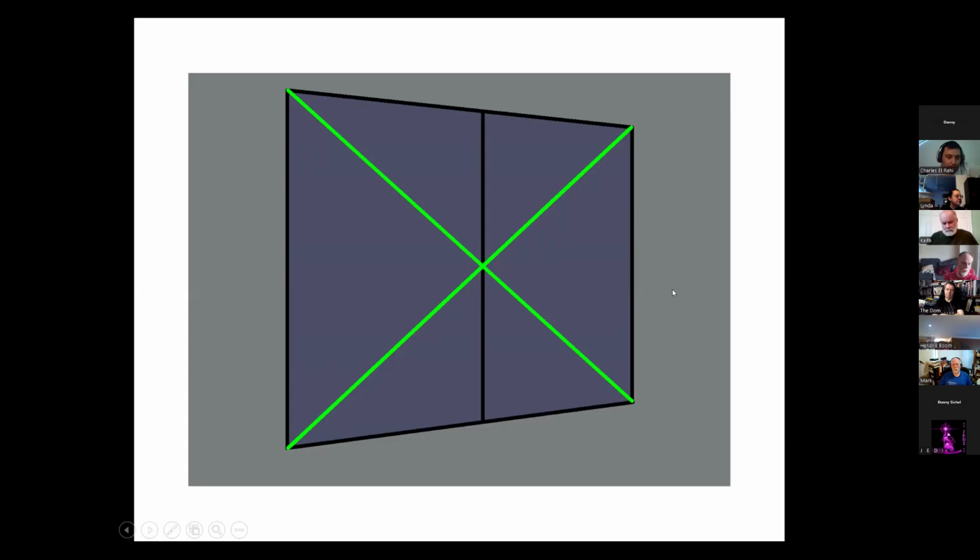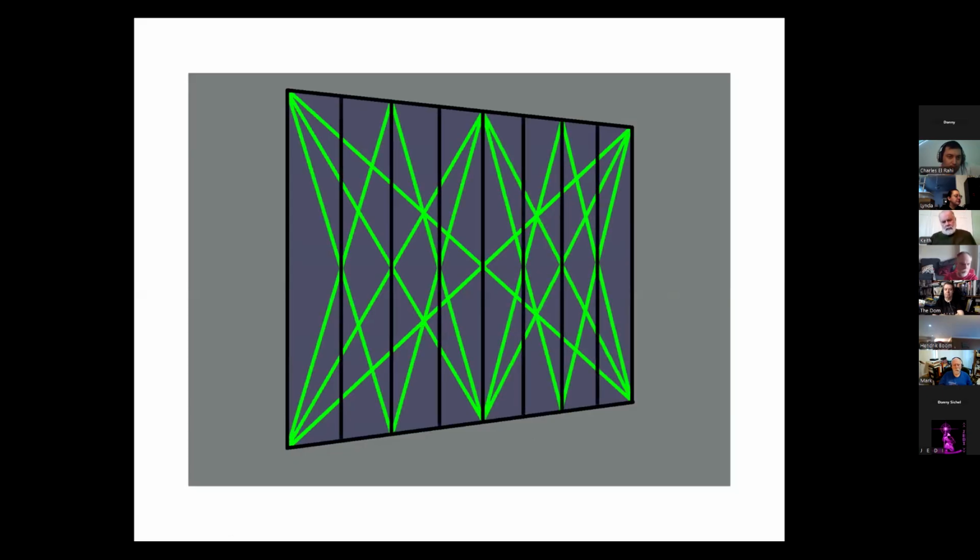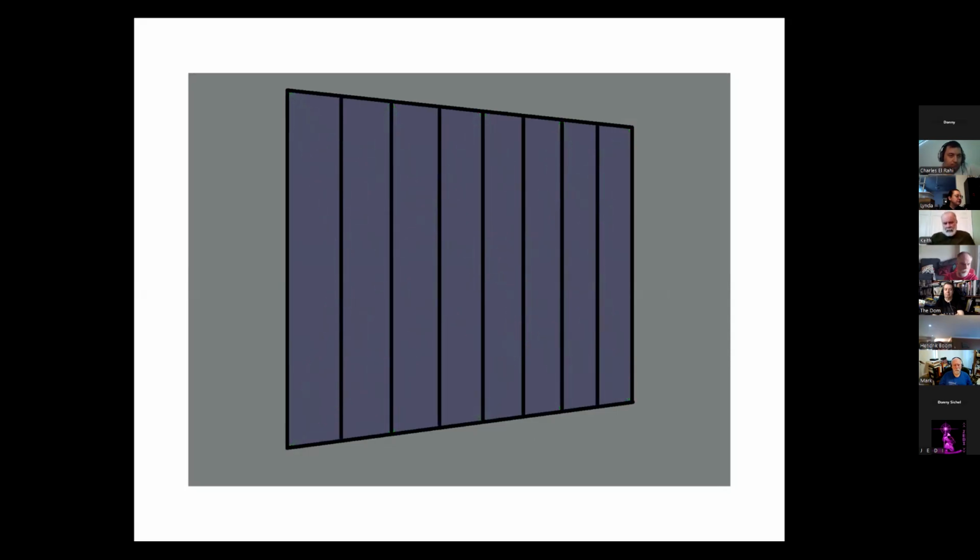That's foreshortening. So once you've started with that first line, you then have another section, another rectangle here, and you can do another diagonal in another line, and so on until you have all of your 8 units.